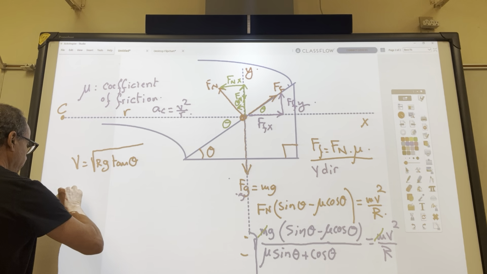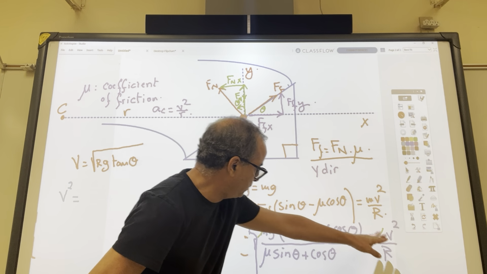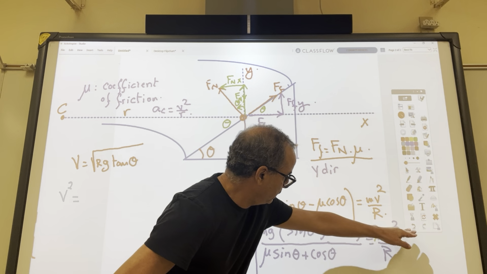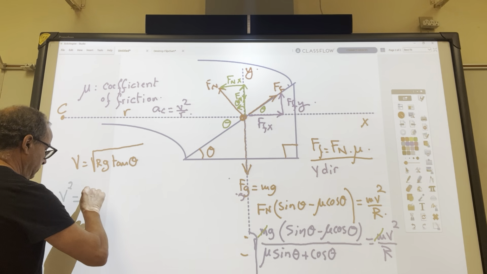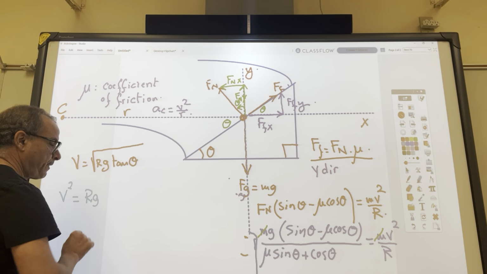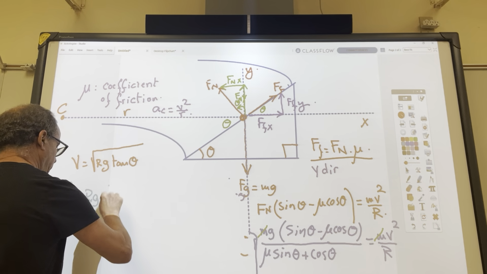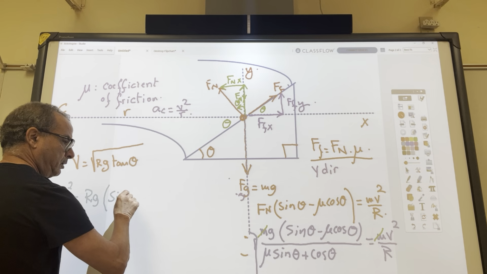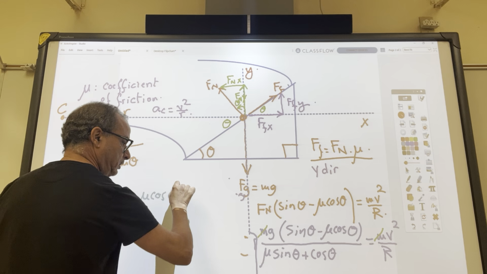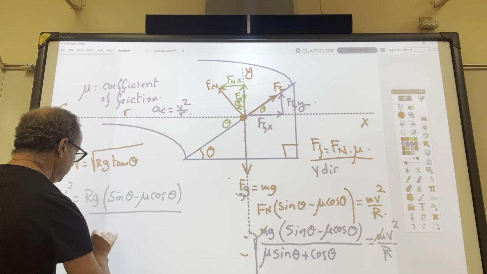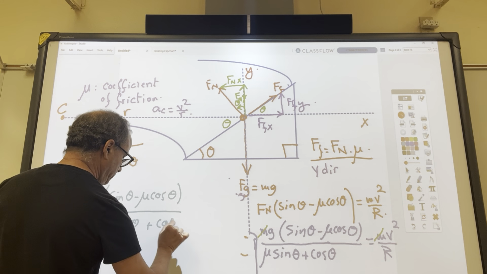So we end up with v squared equals rg times sine theta minus mu cosine theta divided by mu sine theta plus cosine theta.